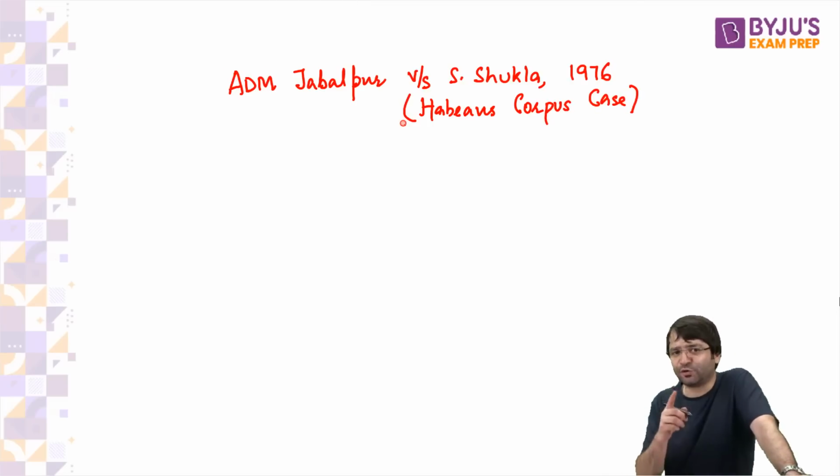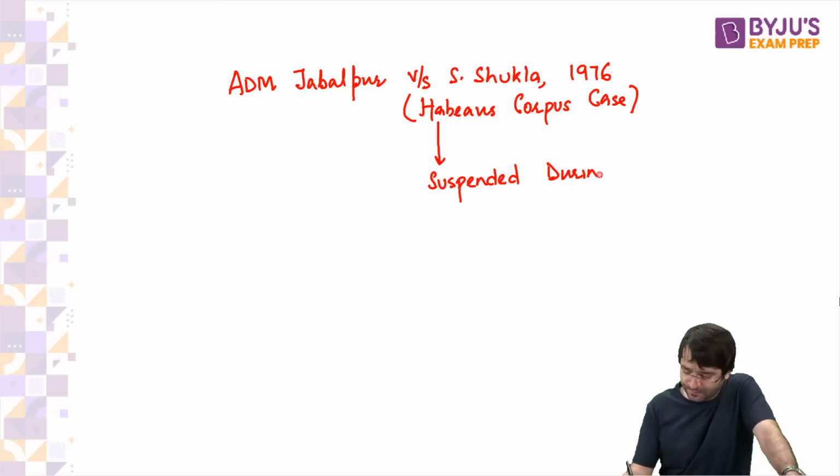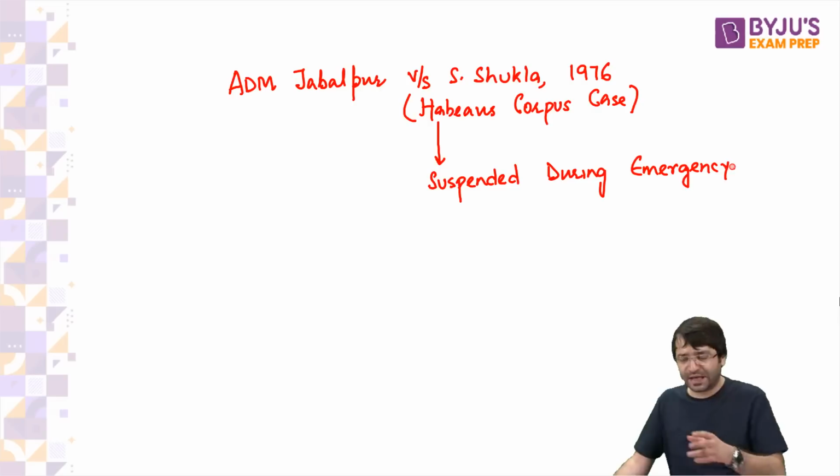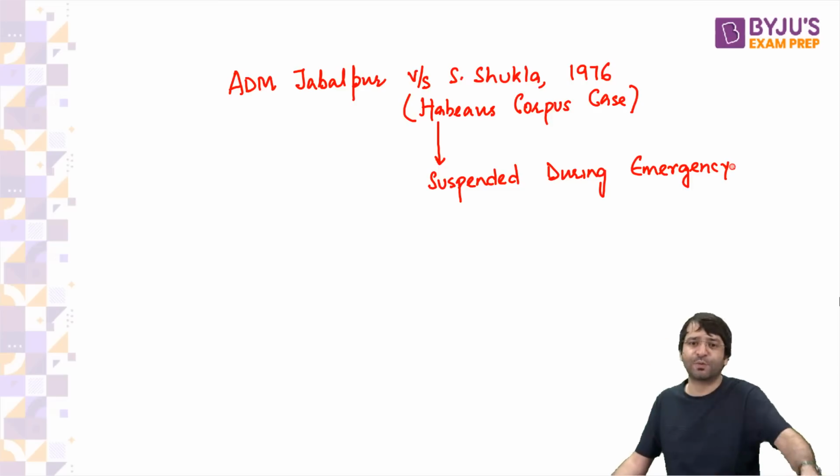The question before the court was, is habeas corpus suspended during emergency? What is the constitutional validity of this law, which says if you are arrested under this law, you cannot file a habeas corpus, or somebody cannot file a habeas corpus on behalf of you in the Supreme Court of India?